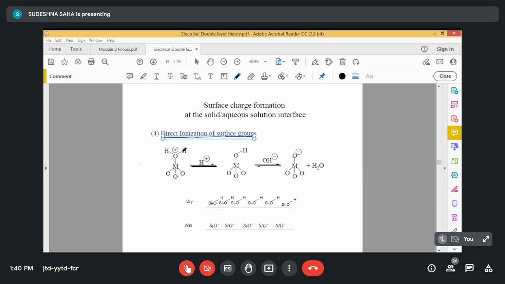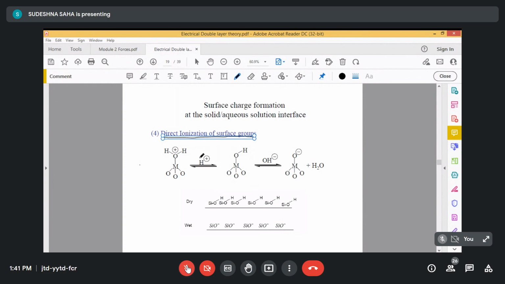Okay, so basically what is happening is, suppose, take this example, this is much easier for you to understand. What has happened in the dry condition, you do have this SiOH surface on a certain molecule or a certain particle. Now when you put it inside the water, this H will be coming with the water molecules, and they will try to dissociate from this surface molecule, and you will find there will be SiO minus on the surface groups.